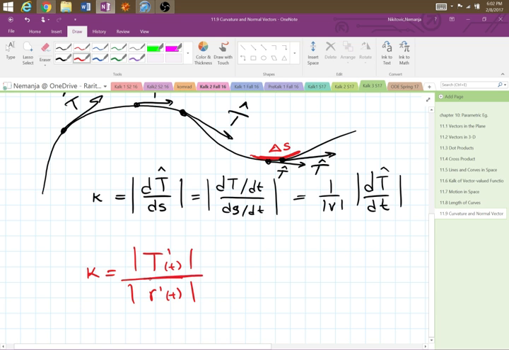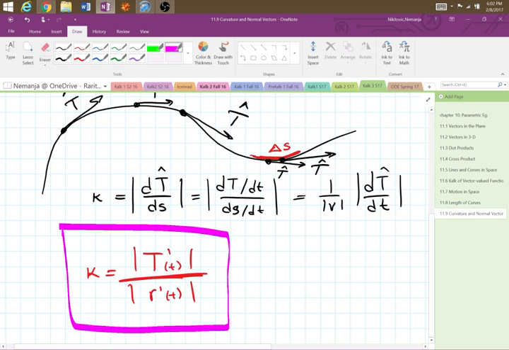Now we have magnitude in the numerator and denominator, which means that the curvature is going to be a number, like 7 or 0.3. And that's the curvature formula.